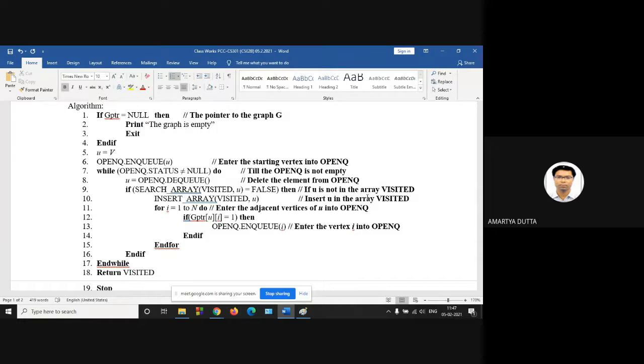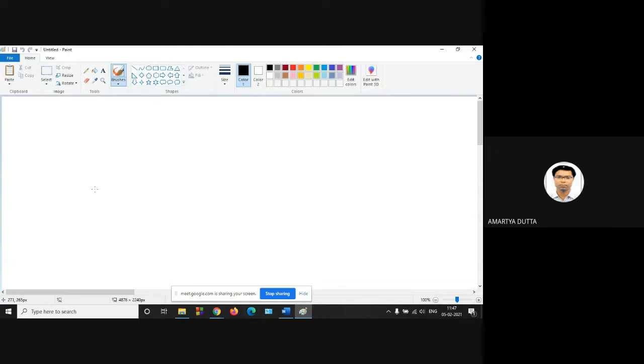So, one example. Let the graph be denoted in this form.